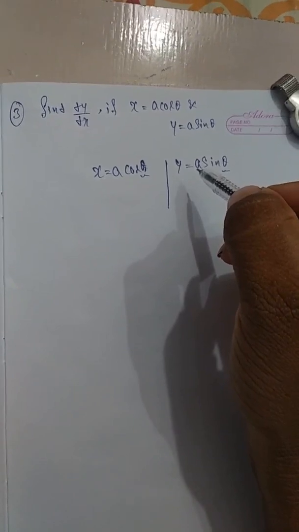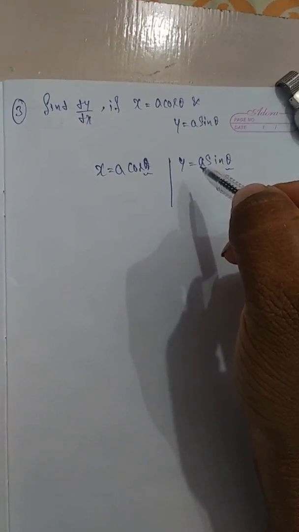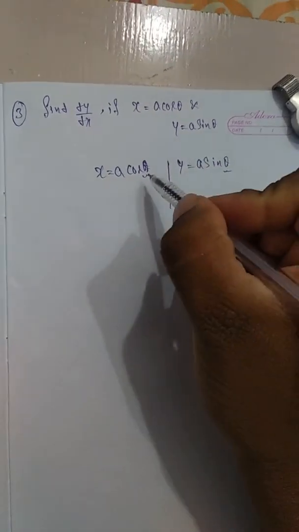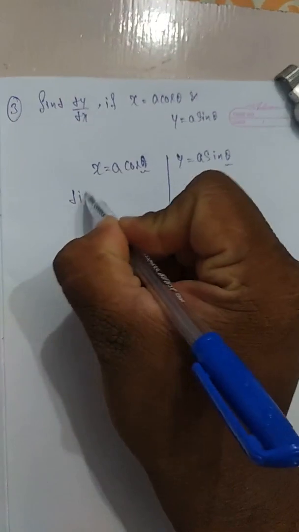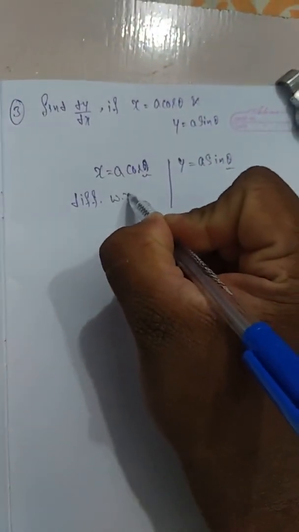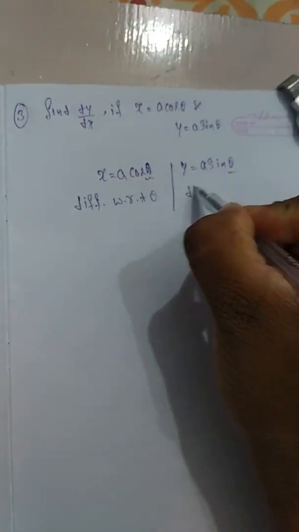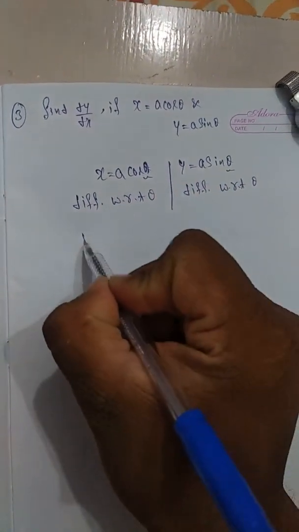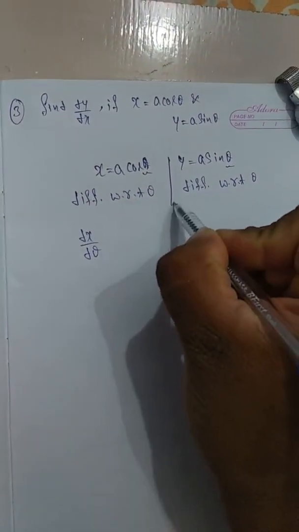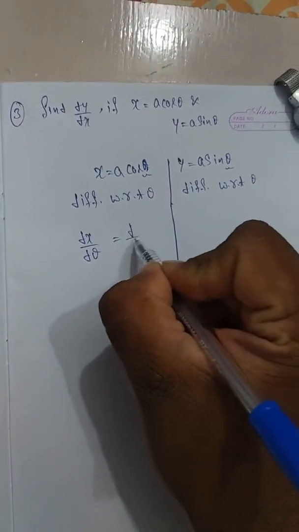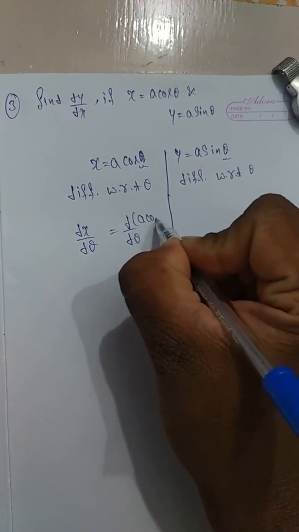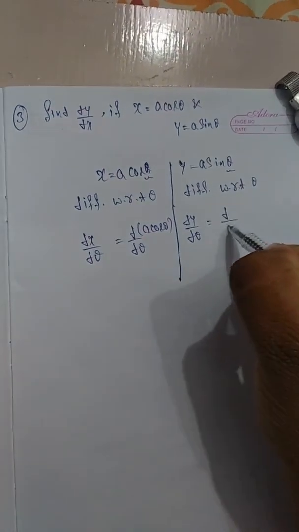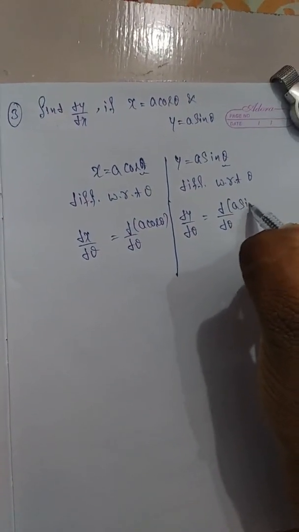Whatever the given problem, we see the parameter and differentiate with respect to that parameter. Here the parameter is theta. You want to differentiate with respect to theta separately. Now dx by d theta is equal to the differentiation of a cos theta, and dy by d theta is equal to the differentiation of a sin theta.